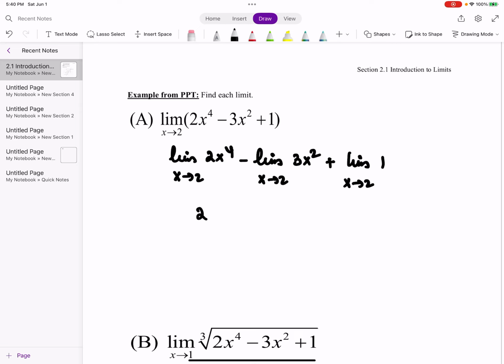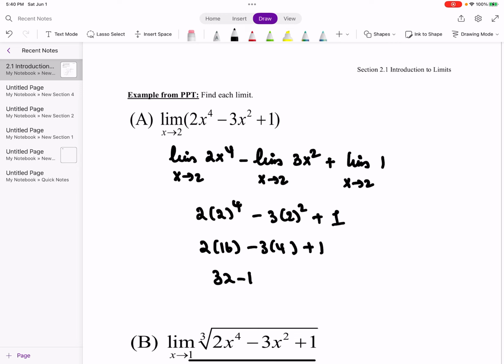So 2 times 2 to the fourth minus 3 times 2 squared plus 1, because the limit of a constant is the constant itself. This is 2 times 16 minus 3 times 4 plus 1. This is 32 minus 12 plus 1. So 32 minus 12 is 20 plus 1, which is 21. That is the limit.